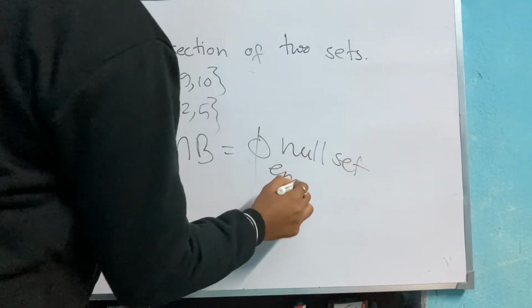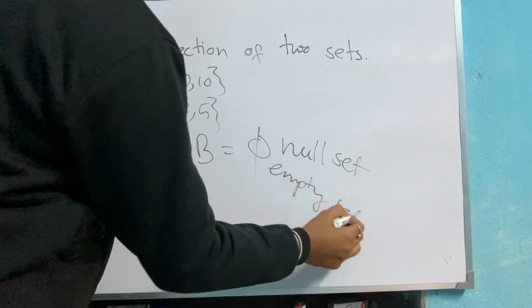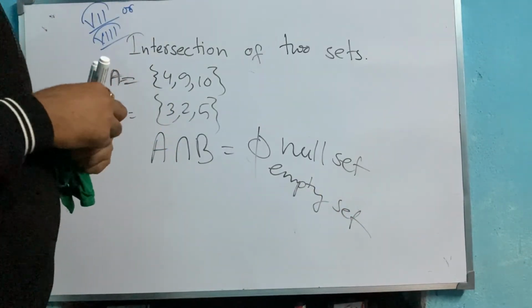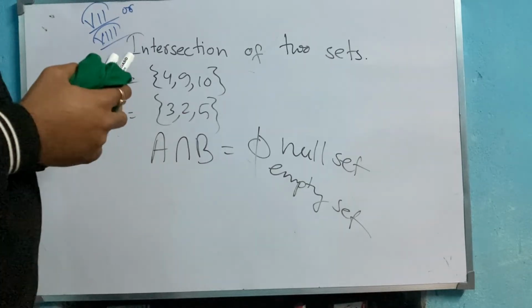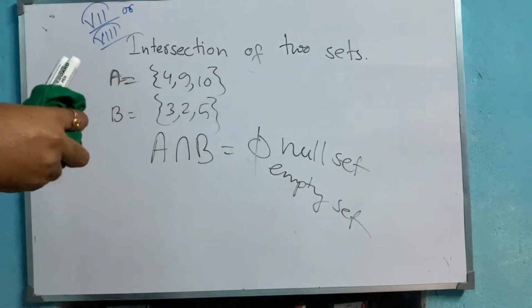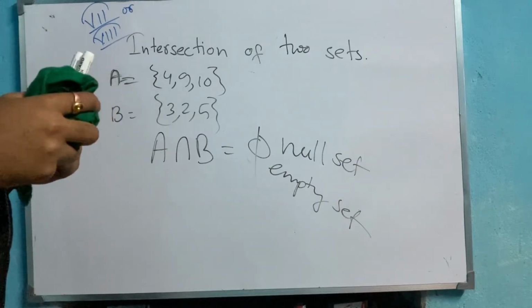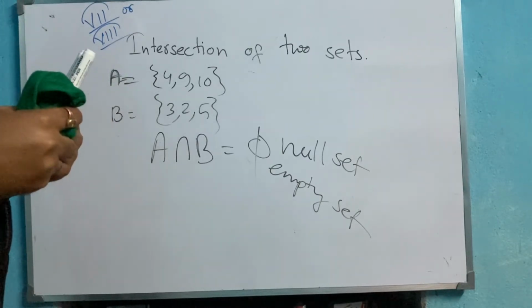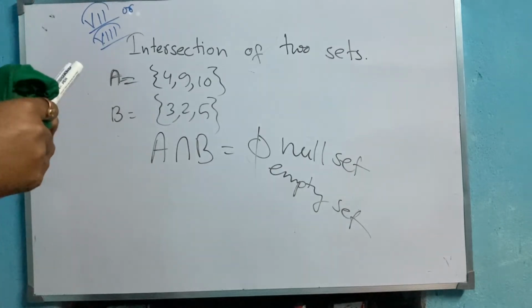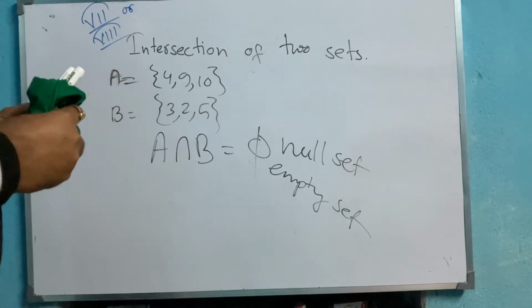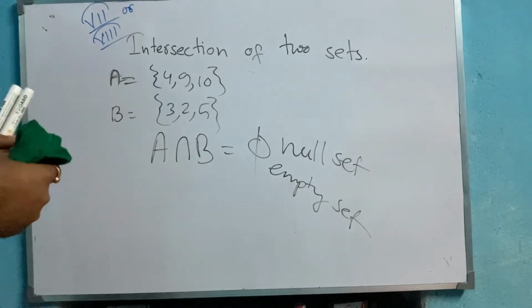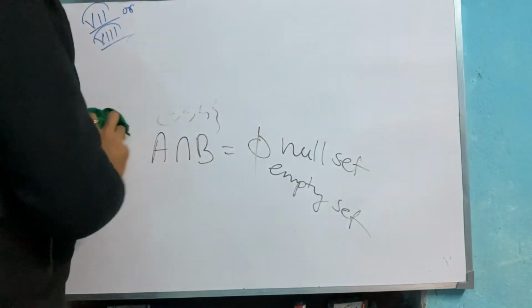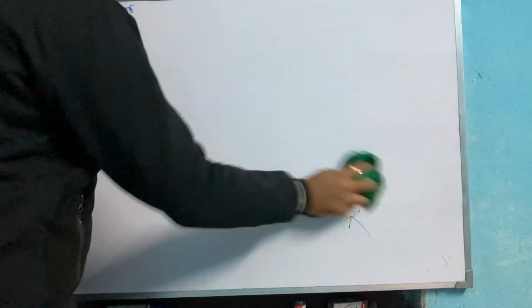The null set, or empty set. So if there are no common elements between sets, whether 2, 3 or more, then that intersection is called the null set. The intersection of those 2 sets is a null set.